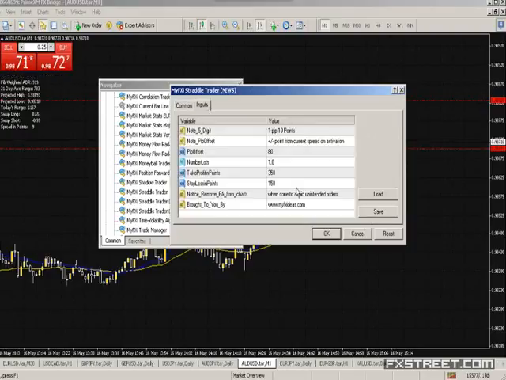I set up an offset on how many pips from the spot rate, from the bid, and how many pips from the ask would my buy stop and sell stop be placed. And if one of them gets triggered, okay, let me set a wide pip offset here. I'll just show it to you. Let me use 15 pips.